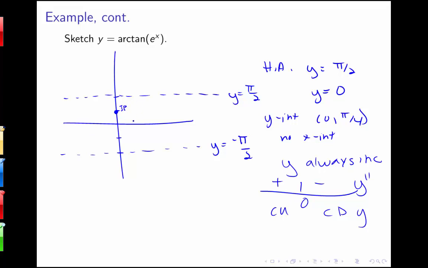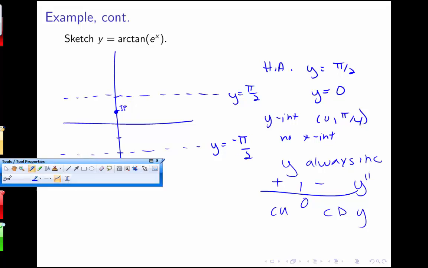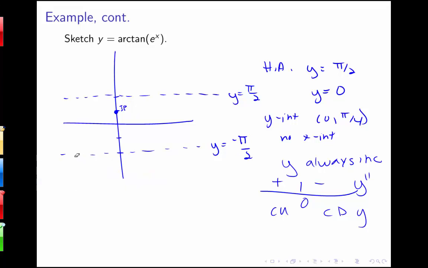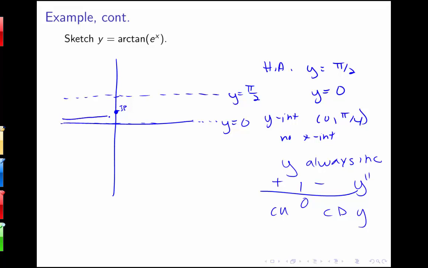Whoops, I drew our horizontal asymptote in the wrong place. I was thinking about our tangent function. Here our horizontal asymptote is y equals 0, not y equals negative pi over 2. So sometimes we have an asymptote that goes over one of our axes, so we have y equals 0 here. And then I'm going to need to be concave up and then concave down. So we get something that looks like this. So it looks kind of like the arctan function, but in a little bit of a different location.